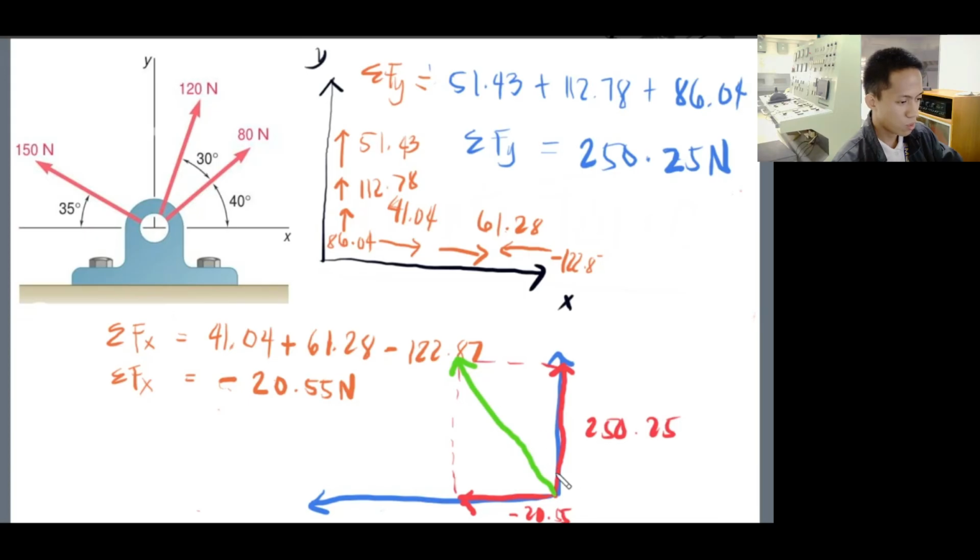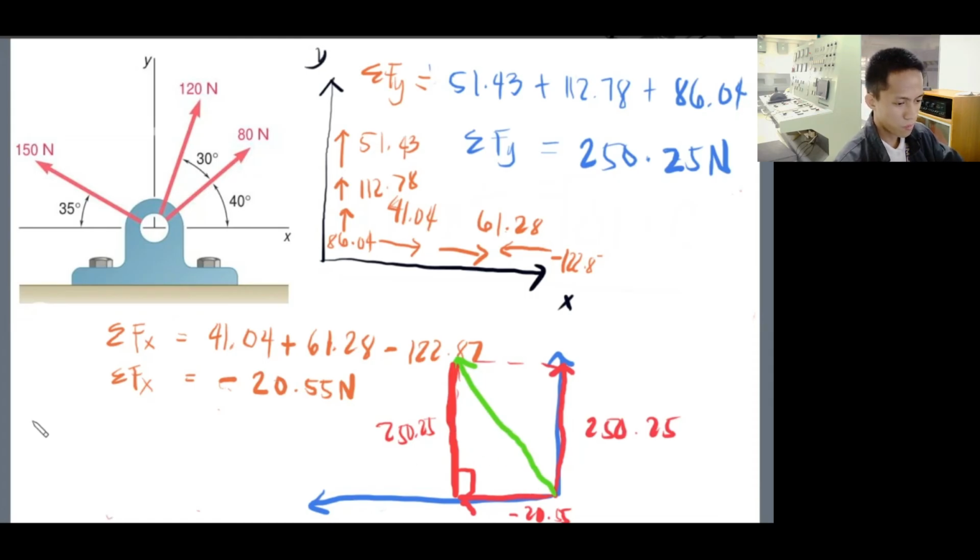So, here yung ating resultant force can be found using Pythagorean theorem. So, etong side na to, this is also f of y. So, this is a right triangle here. So, this is 250 also. So, using your Pythagorean theorem, you can find your resultant force.